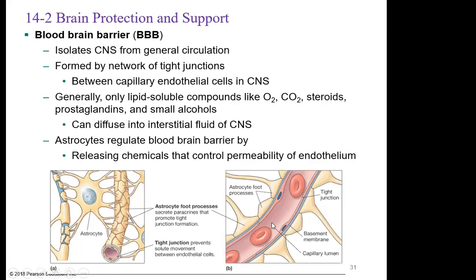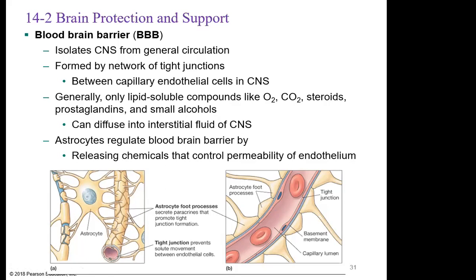So these very tight junctions means that if you don't look right, if you don't talk right, if you don't sound right, then you're not coming in. And that's just the way that it is, because they're trying to protect the brain from any toxins, pathogens, very harmful chemicals.